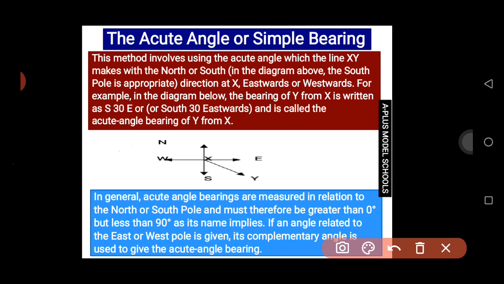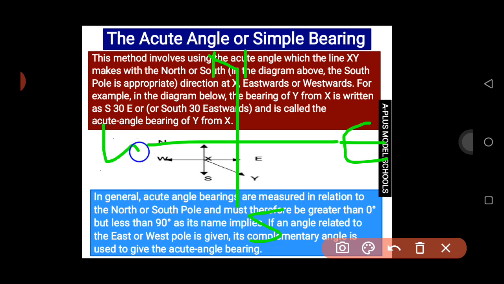Because in each of the four parts, don't forget, if you have north, east, south, west, the first part is divided into two, which is the northeast. You see that it divides the first part into two equal angles, where one of the parts is closer to the north, and one is not closer to the north.